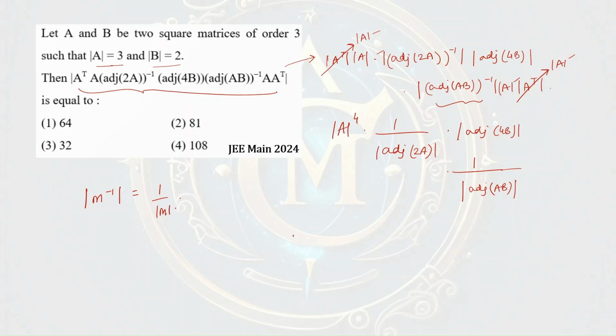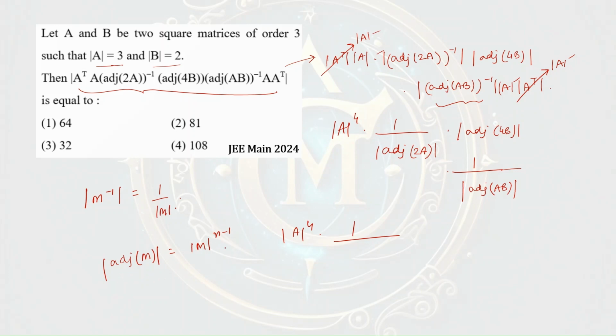Now determinant of A whole to the power 4 is known to us, times 1 over the determinant of adjoint of some matrix. Now if A is a 3 by 3 matrix, then 2A will also be a 3 by 3 matrix. That means the determinant of adjoint of this 3 by 3 matrix will be simply determinant of 2A whole square, because we know determinant of adjoint M is equal to determinant of M whole to the power n minus 1 raised to the power 1, because there is only one adjoint.